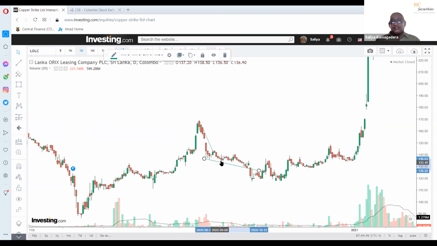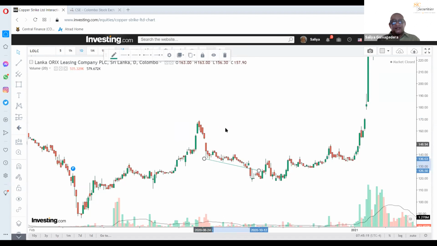So let's use the trend lines to draw the channels, or rather draw the support and the resistance levels, so that we will be able to work through to understand how the trends are reversing out of the support and resistance levels.